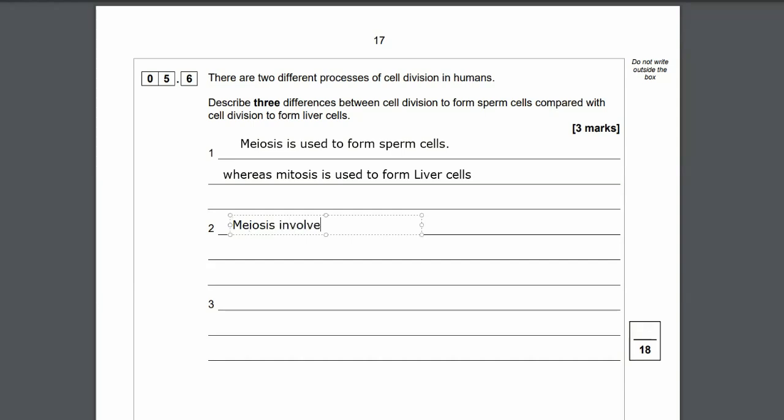Meiosis involves 2 cell divisions, and mitosis 1 cell division. You'd only use 3, but I'm going to give you 4.